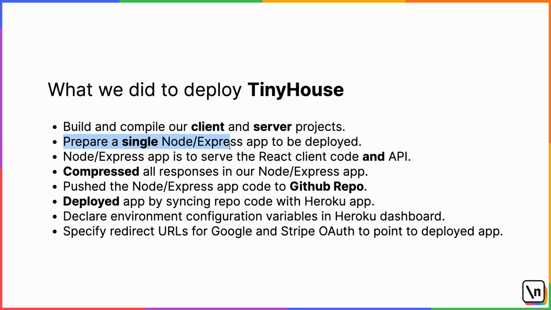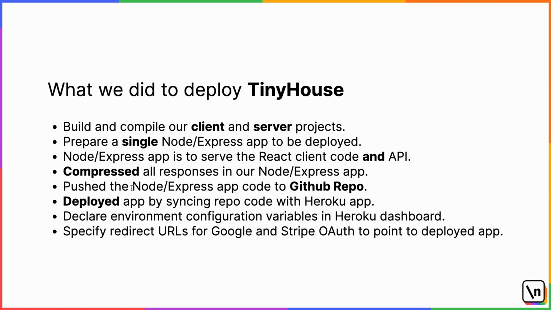We then prepared a single Node Express app that is to be deployed. We also had this single Node Express app serve the compiled React client code and the GraphQL API. We compressed all responses in our Node Express application, which will have our server essentially serve smaller web files faster to the user.